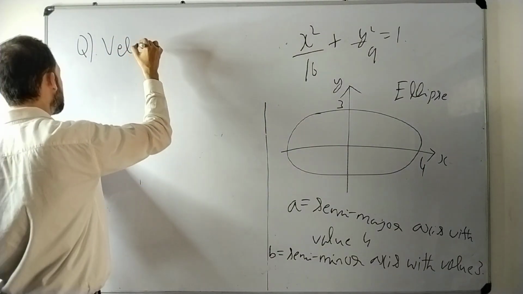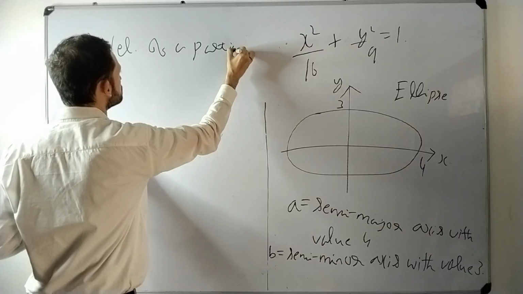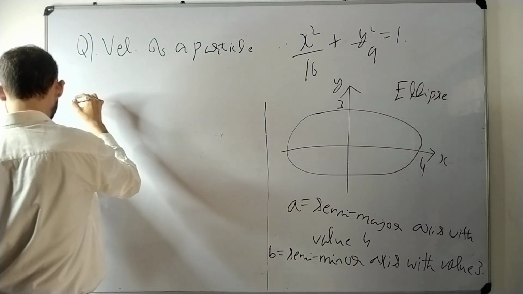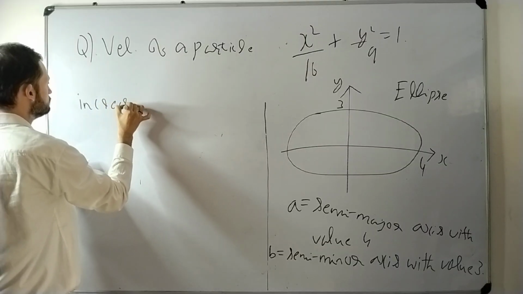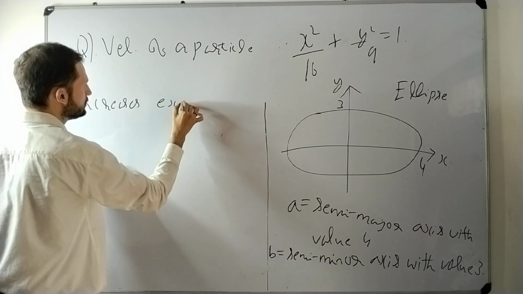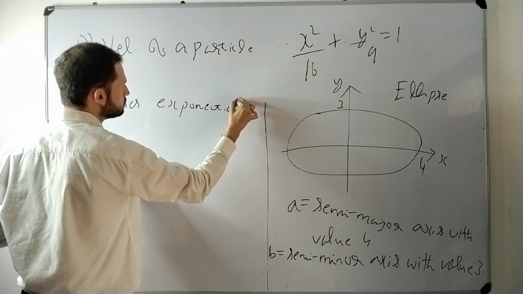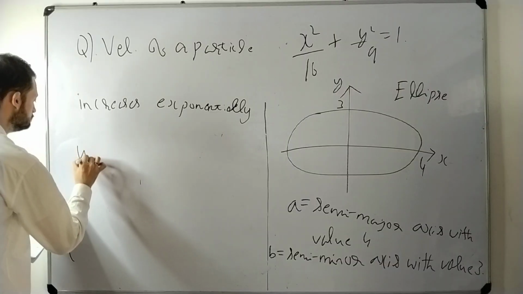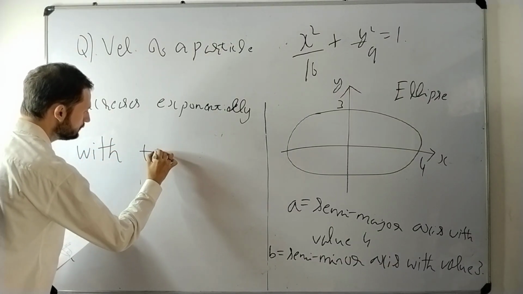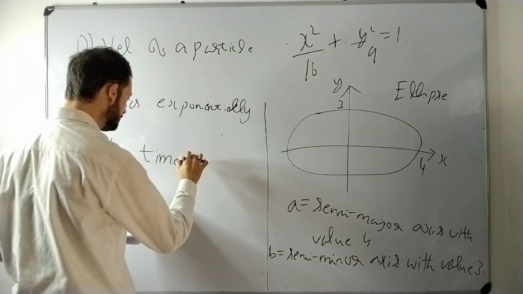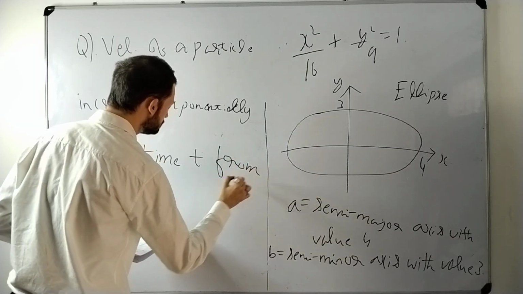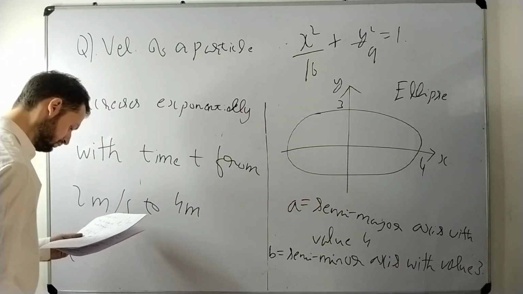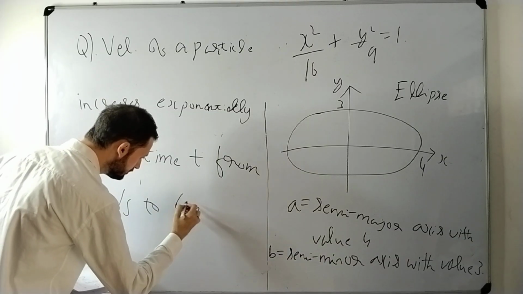Velocity of a particle increases exponentially with time t from 2 meter per second to 6 meter per second.